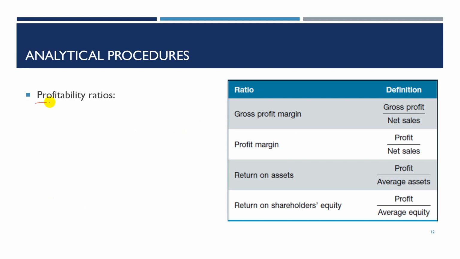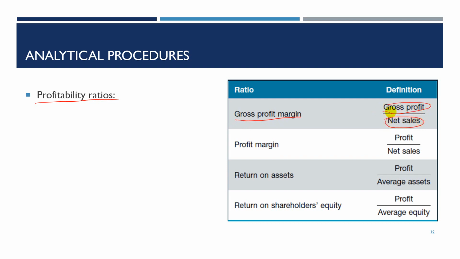Profitability ratios show a company's ability to generate earnings and ultimately the cash flow required to pay debts, meet other obligations, and fund future expansions. The first profitability ratio is gross profit margin, which is gross profit divided by net sales.